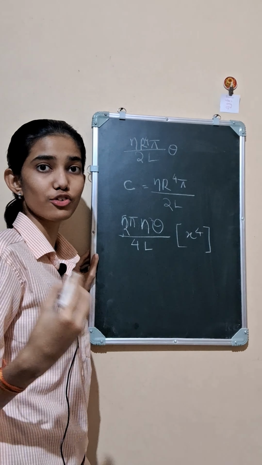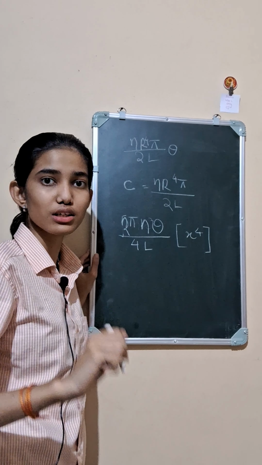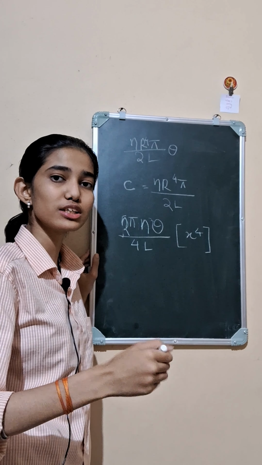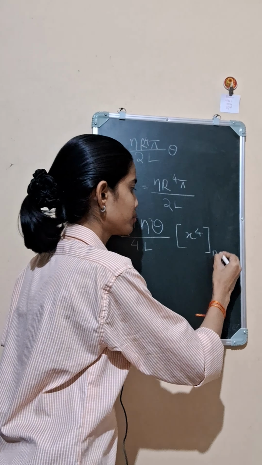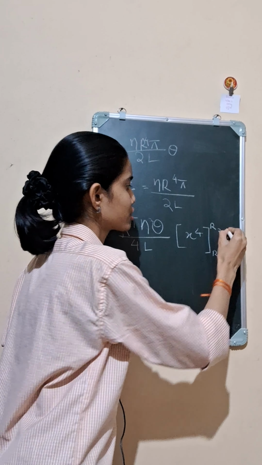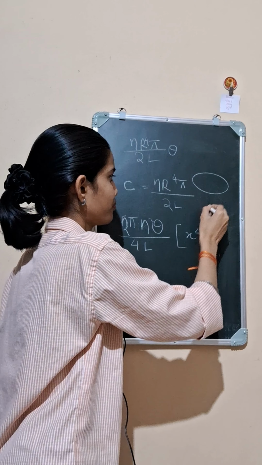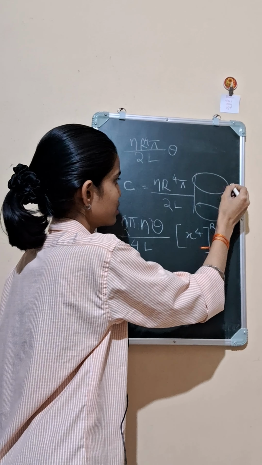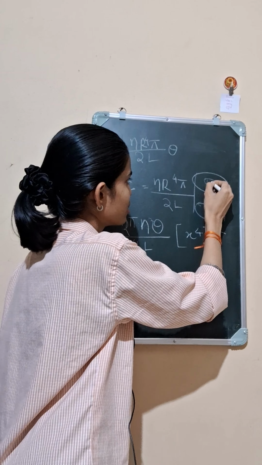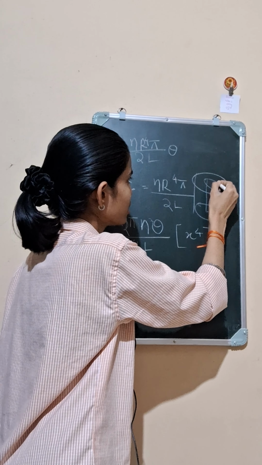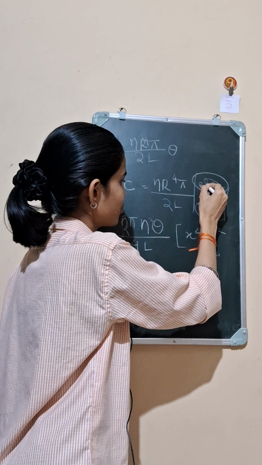Here for a solid cylinder, initially the inner radius was 0, but for a hollow cylinder, let it be r1 and the outer radius be r2. Like if this is a hollow cylinder, its inner radius is r1 and outer radius is r2.